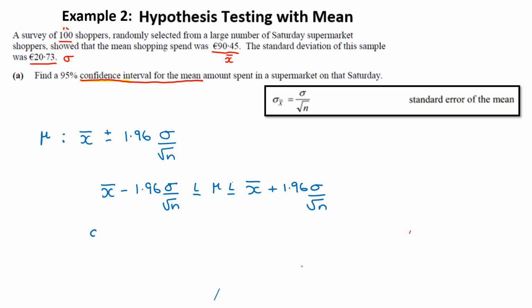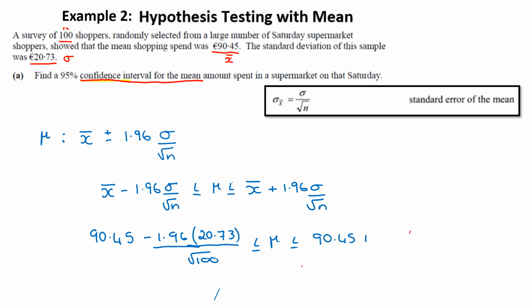Subbing in what we have: 90.45 minus 1.96 times 20.73, that can all go over square root of 100, less than or equal to mu, less than or equal to 90.45 plus 1.96 times 20.73 all over square root of 100.